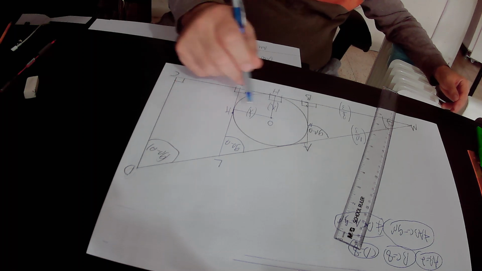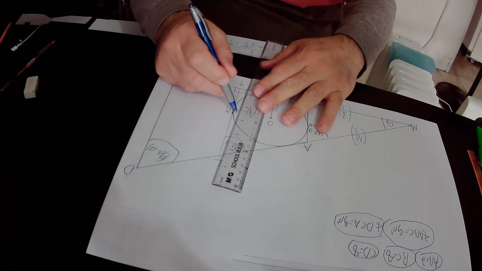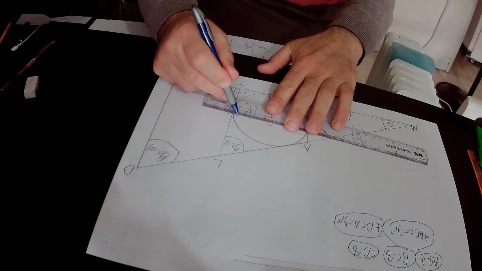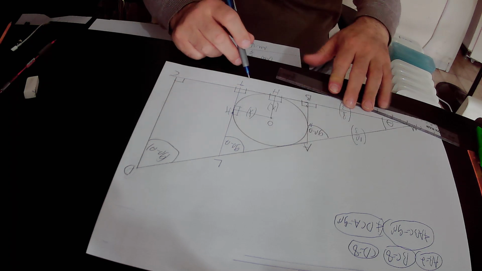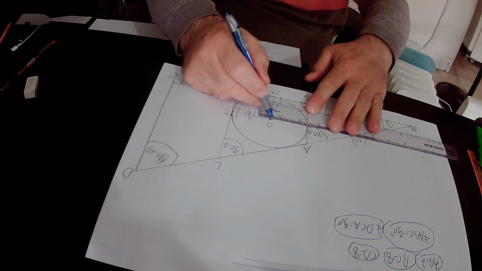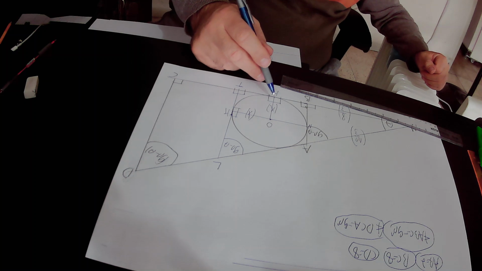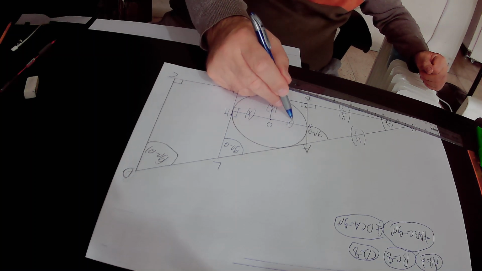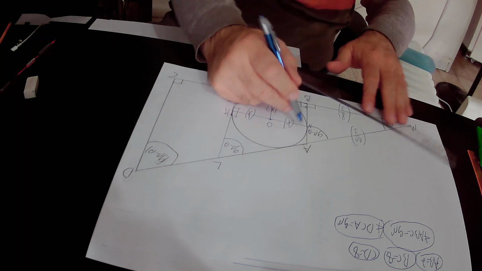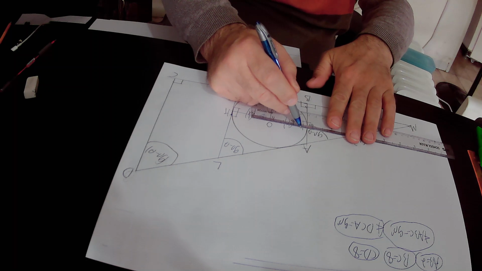The radius OK is drawn to point K, therefore according to rule 1, this angle equals 90 degrees, and this angle also equals 90 degrees. Likewise, we join points O and N together by a straight line. ON is also a radius of this circle that is equal to x. According to our definition, the radius ON is drawn to point N, therefore according to rule 1, this angle equals 90 degrees, and this angle also equals 90 degrees.